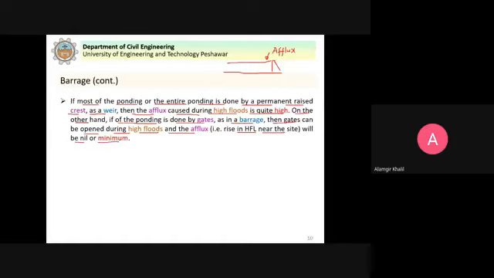So you can see this is the advantage of a barrage over the weir. That in case of barrage, maximum ponding is done by gates, so the gates can be opened during high floods, and the efflux will be nil or minimum.